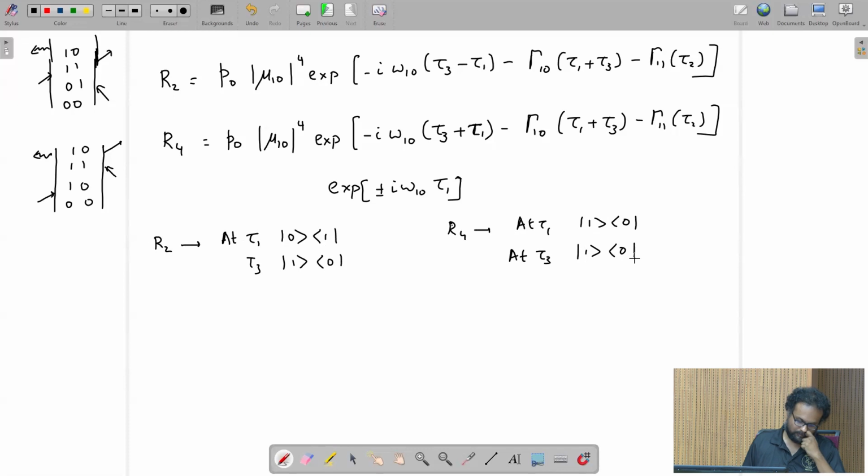You have not inverted. Here, what we call conjugate, you kind of conjugated the coherence, and that leads to an acquired phase of e to the power minus i omega_01 (tau 1 plus tau 3), whereas here the acquired phase is e to the power minus i omega_01 (tau 1 minus tau 3).